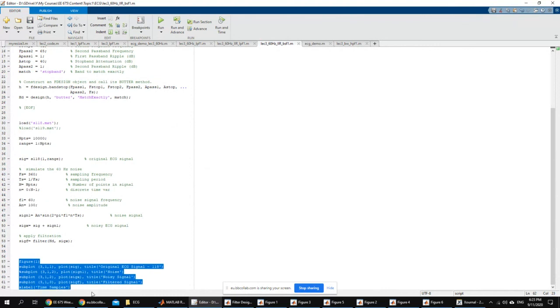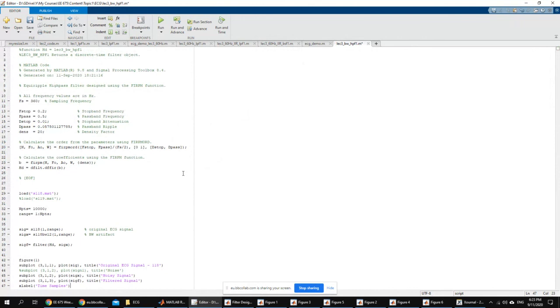I had all the things that I wanted. So here I'm going to plot sig, which is the original signal, sig x, which is the noisy signal, with the baseline wander, and this is the filtered signal. Let's look at that.